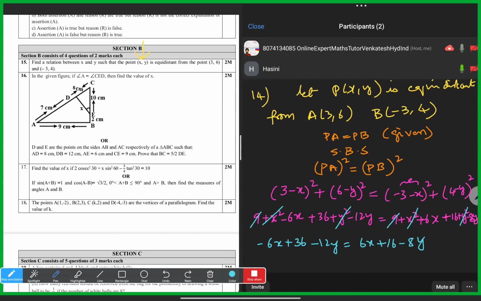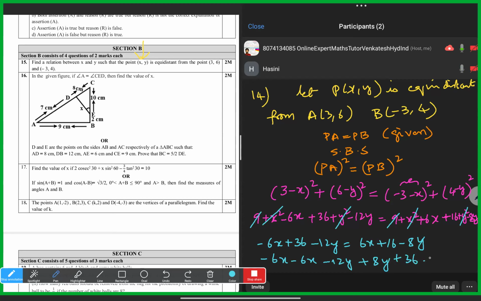Now I'll bring all the terms to the same side. We have minus 6x already. This 6x, if I bring it to the left side, will become minus 6x. Minus 12y we have already. This minus 8y, if I bring it to the left side, becomes plus 8y. Plus 36 we have, then if you bring it, minus 16.